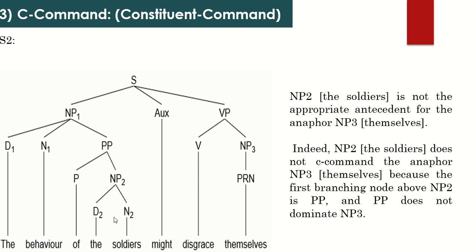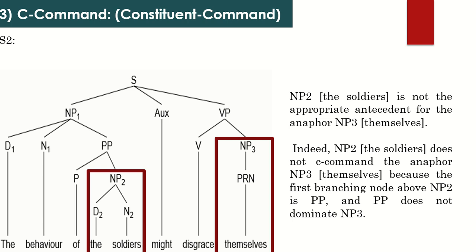Hence, the soldiers is not the appropriate antecedent for themselves, and hence the ungrammaticality of the sentence. See? Above this NP2, we have the PP dominating it. This PP does not dominate this NP3.